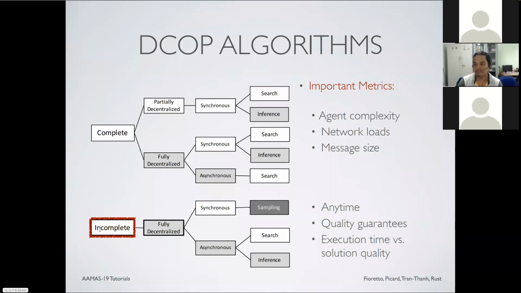In an incomplete algorithm, at any time, in any iteration you can ask for the result, but there is no guarantee of the quality of the result. You may get a good result, you may not get a good result. That's why there is one more metric, execution time versus solution quality. How much time you execute and what quality of result you can get.